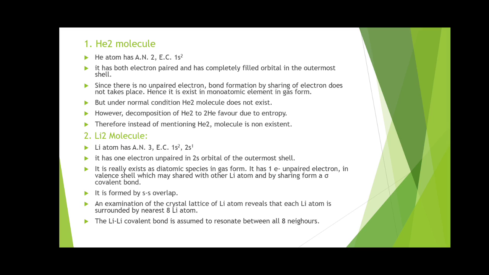So the atomic number of helium is 2. The electronic configuration of helium is 1s2. What is electronic configuration? Electronic configuration is nothing but the distribution of electrons.